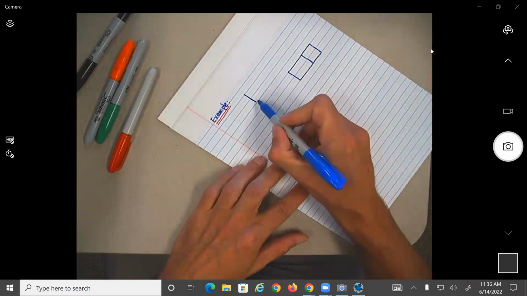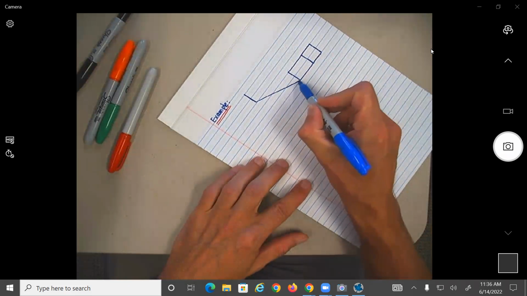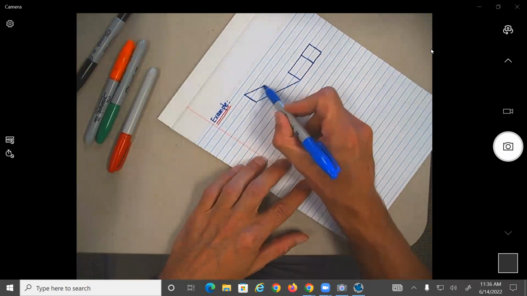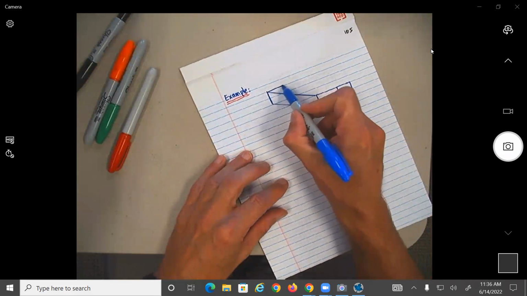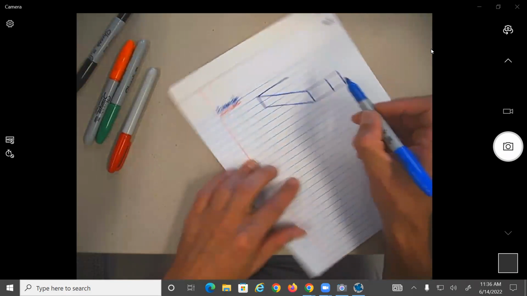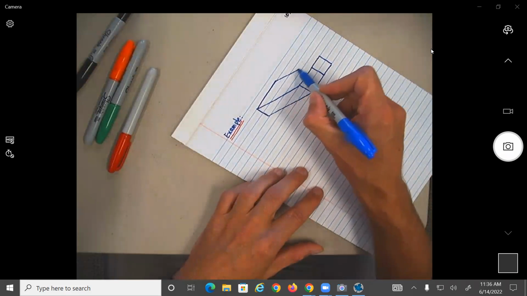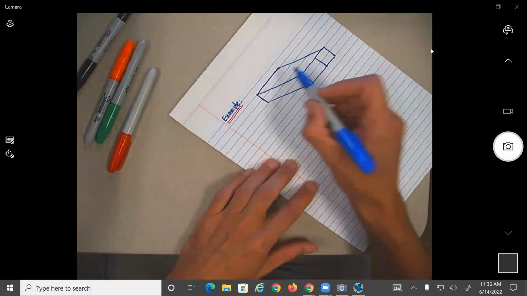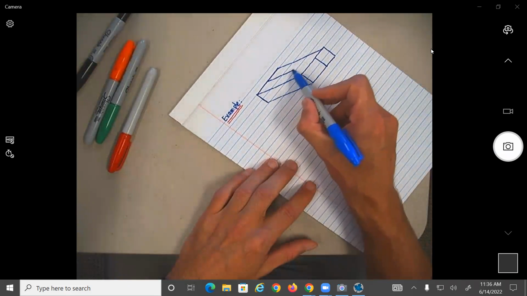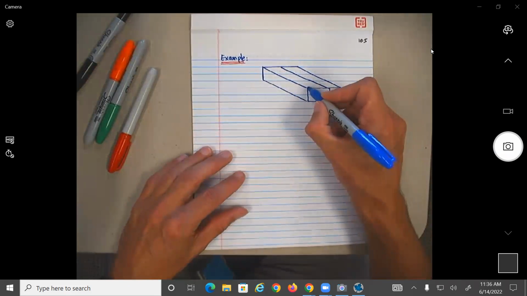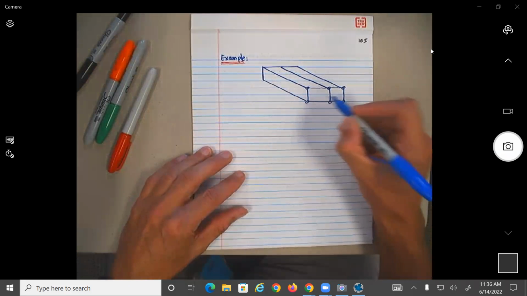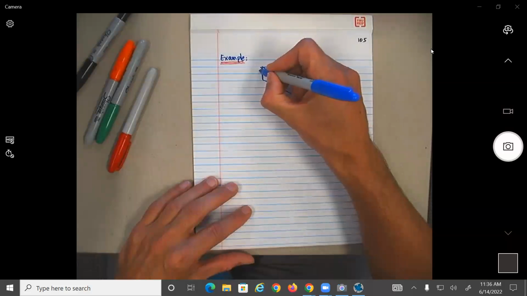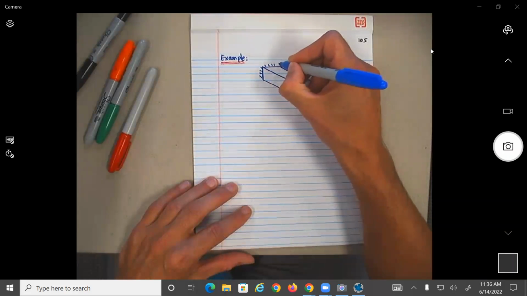All right, I'm gonna connect. Okay, and let's connect this one here in the middle. So let's say we have some type of wind box, which is fixed at one end.